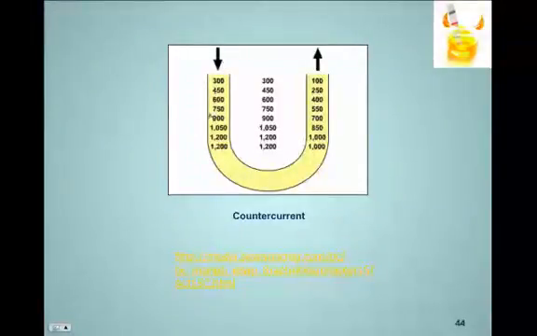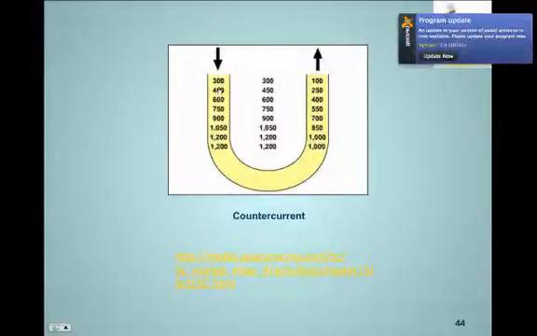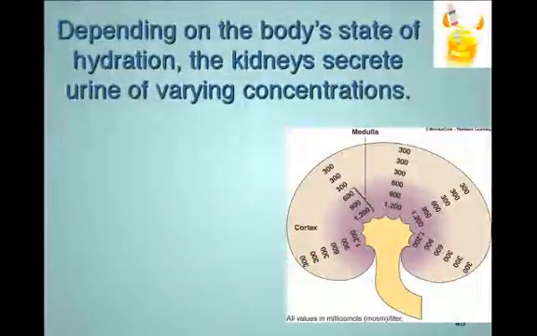So remember, here's the descending limb, here's the ascending limb. Again, the ascending limb is where we got salt reabsorption that created this osmotic gradient, and then that osmotic gradient is used to draw water off via osmosis in the descending limb. So again, a very cool process in terms of how the kidneys function in such an efficient manner.